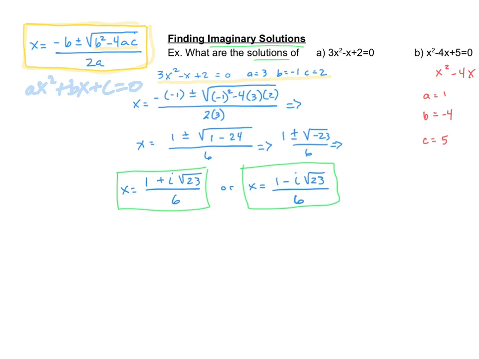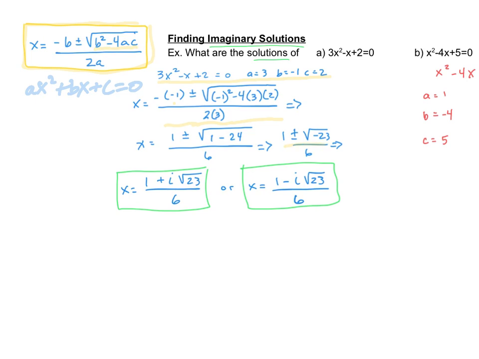Substituting into my quadratic formula, I get x equals negative minus 1 plus or minus the square root of negative 1 squared minus 4 times 3 times 2, over 2 times 3. As we go from here, we simplify using our order of operations. A negative times a negative gives me a positive 1, plus or minus the square root of 1 minus 24, over 6.